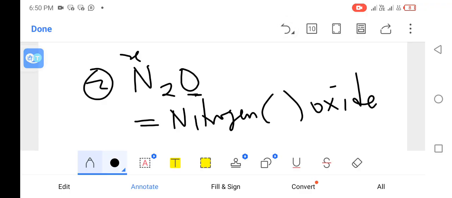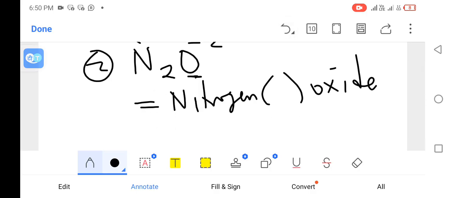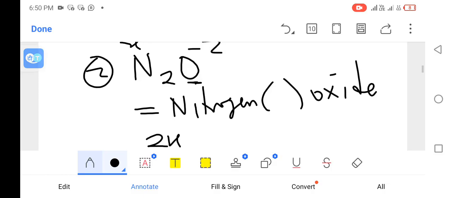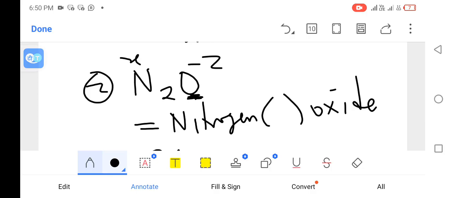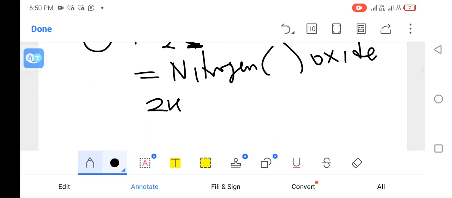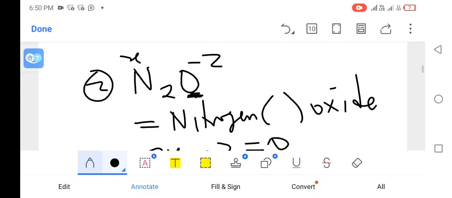After nitrogen I gave this gap. It should be x. What about oxygen? Do we know the valency of oxygen? Yes, I taught you last time, it's -2. How many nitrogen is here? 2. How many oxygen? 1. Let's multiply. 2 nitrogen times x is 2x. Now, 1 oxygen times -2 equals -2, and the total equals 0, because this is a compound.